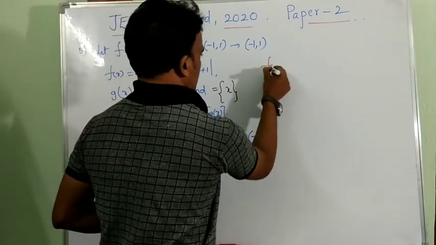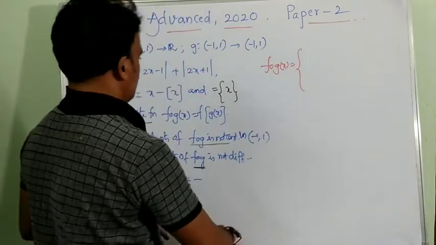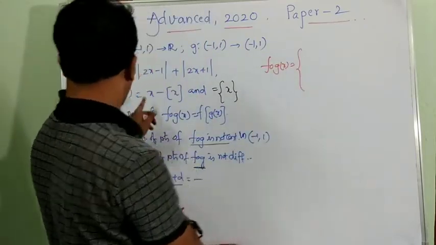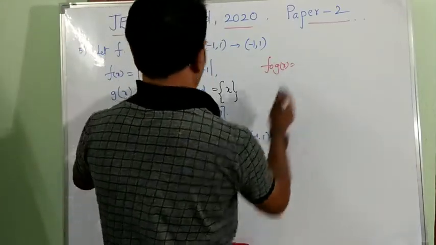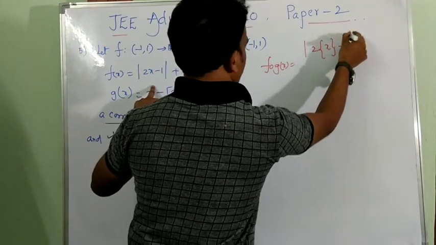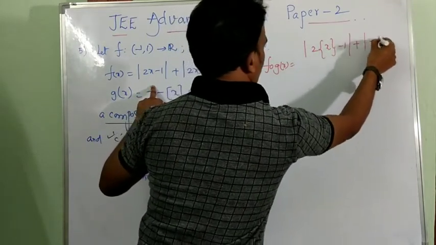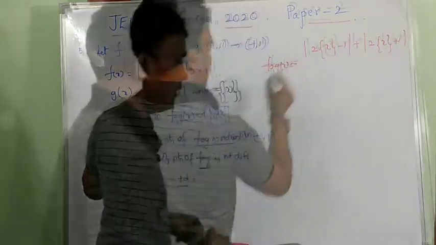So f circle g of x, can I write it like this in these two cases? F circle g of x is modulus of 2 times the fractional part of x minus 1 plus modulus of 2 times the fractional part of x plus 1. This is actually f circle g.